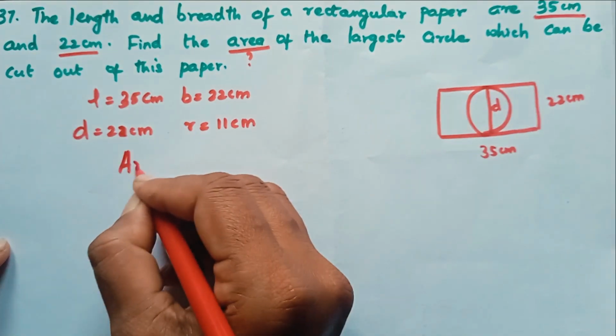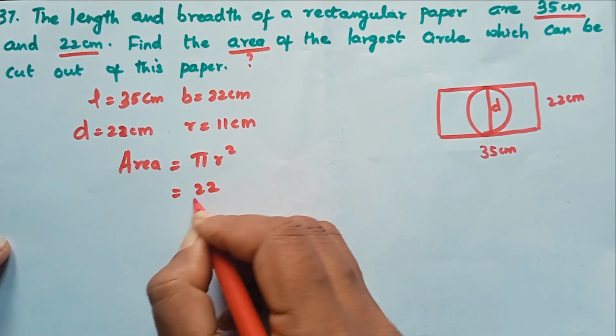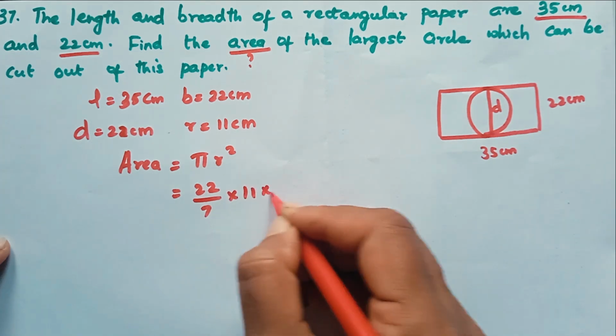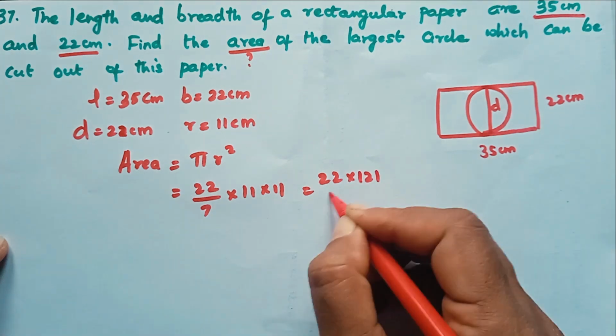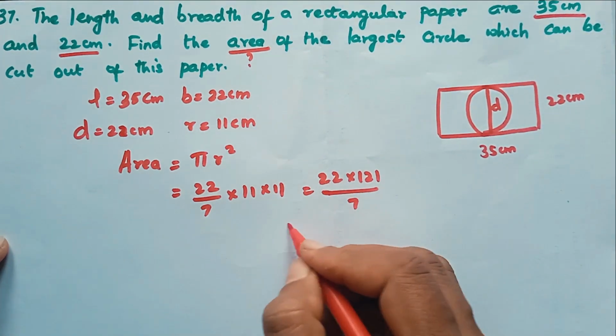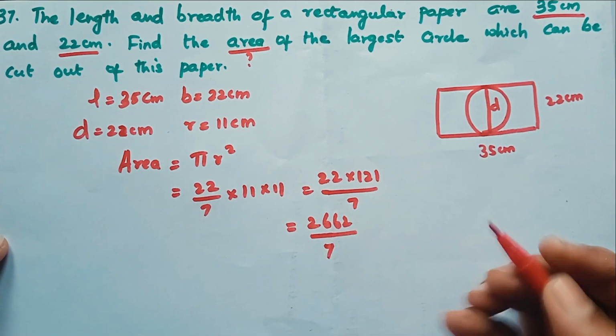So we need to find the area of the circle. So area is equal to pi r square. Substitute 22 by 7 into 11 into 11. So you will get 22 into 121 divided by 7, which gives 2662 divided by 7.